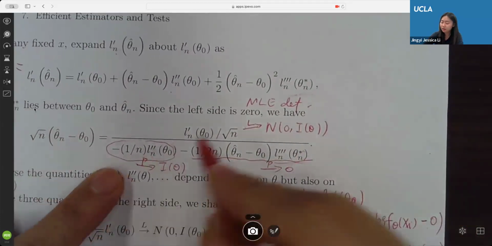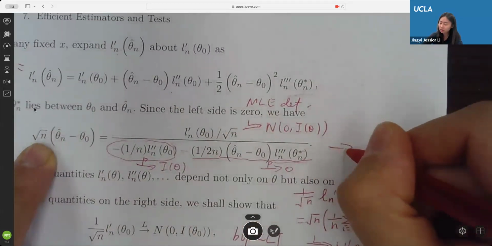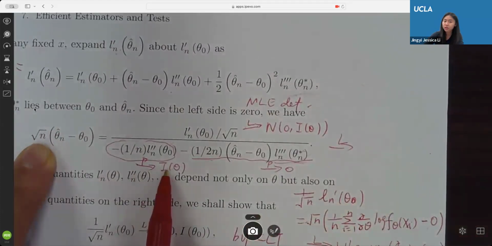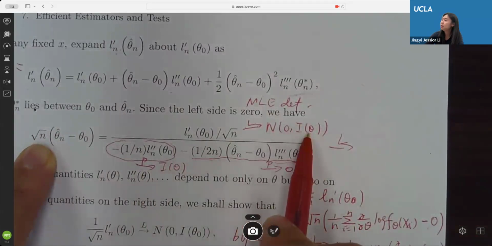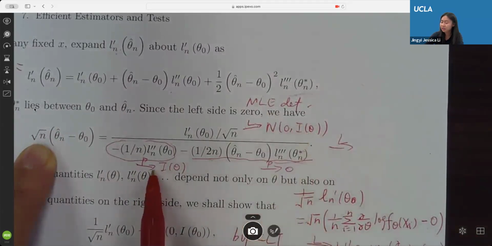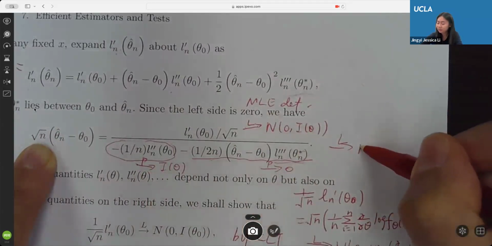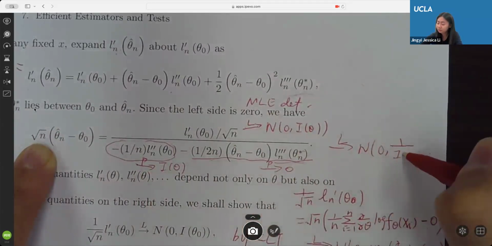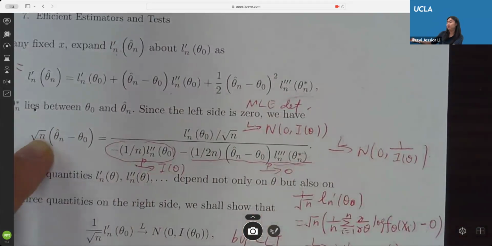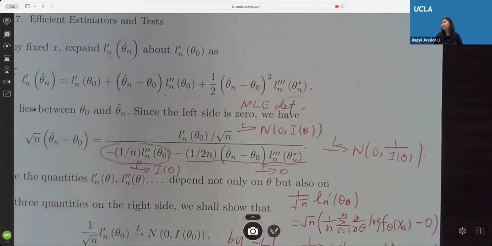So together, this will converge in law, and you have this Fisher information in the denominator. So that's why we get this Fisher information in the denominator.